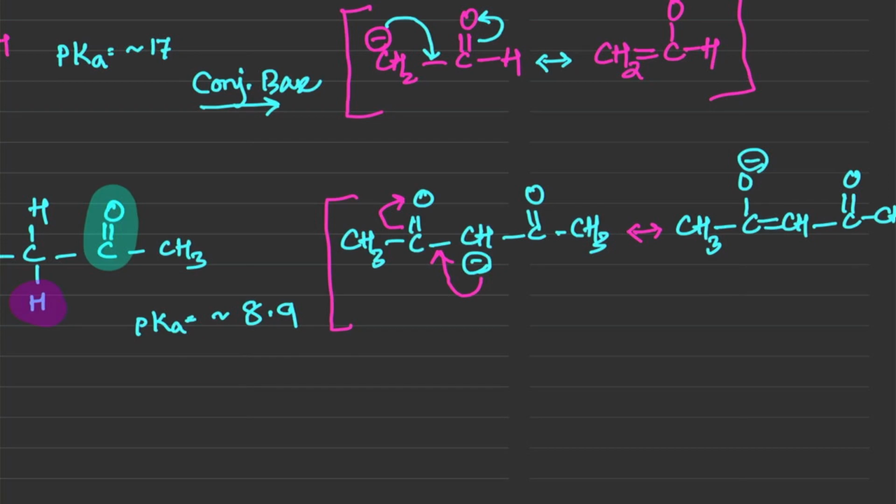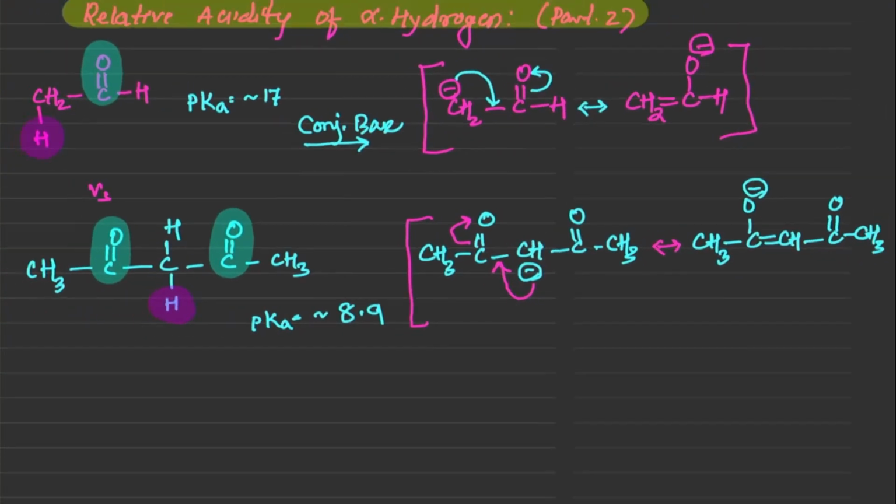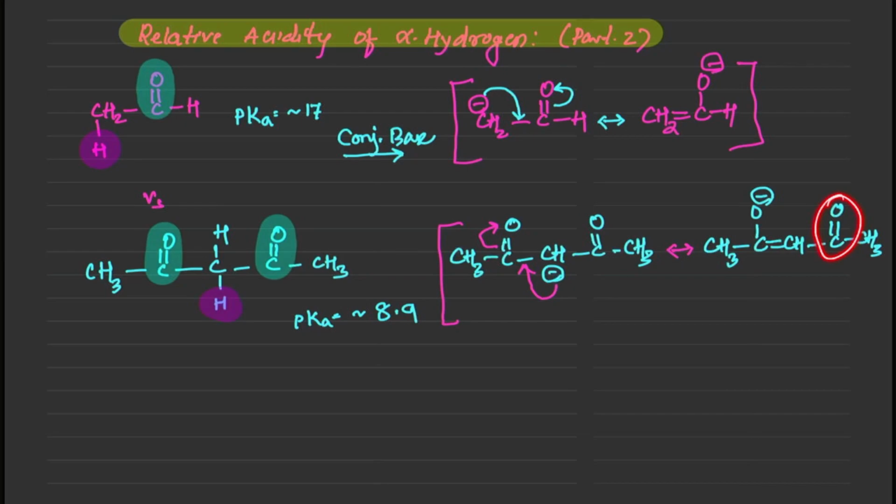So why would the carbonyl group on the right side get left out? It shouldn't get left out, right? This one could also be shared. We can also delocalize our electron to the right side. We can bring this negative charge here, move this double bond here, move this pi electron back to oxygen.